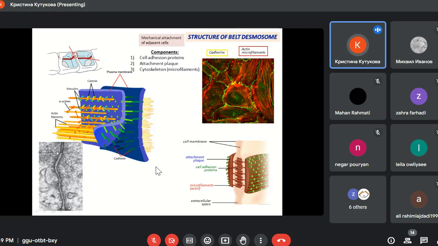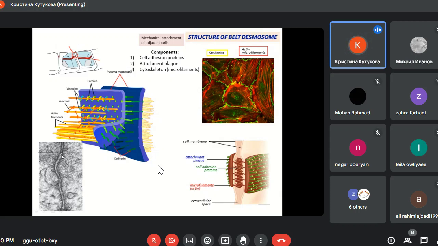So here it is in the picture. Upwards will be tight junction, and here is our belt desmosome. This is the level of the terminal web, more grayish looking area. So between the cells, between the membranes of two cells, there will be the cadherins, cell adhesion proteins.